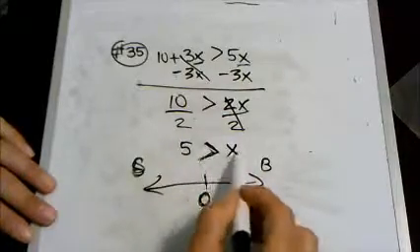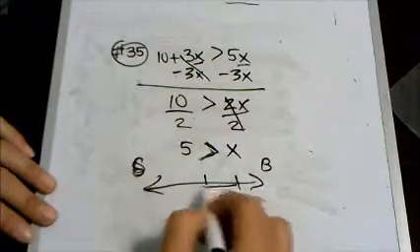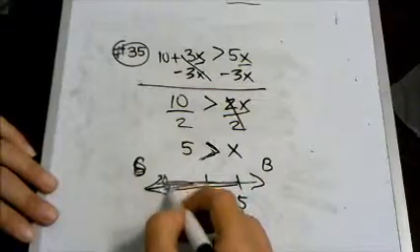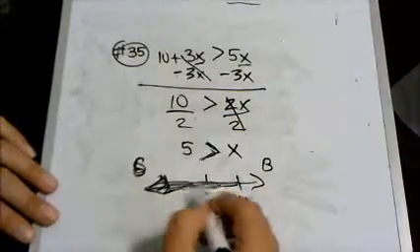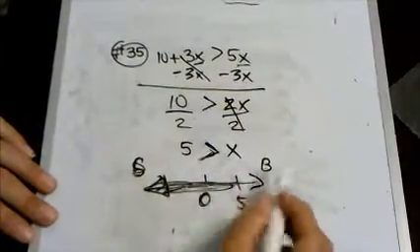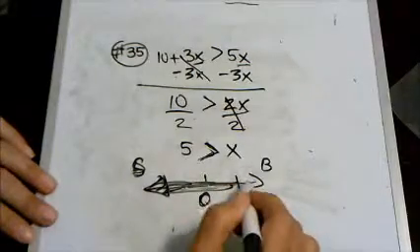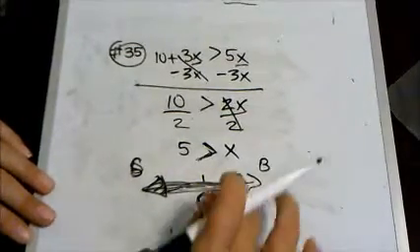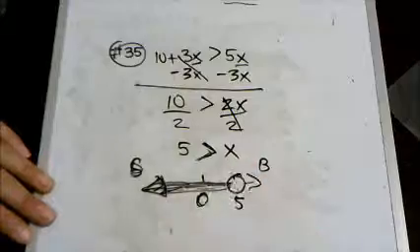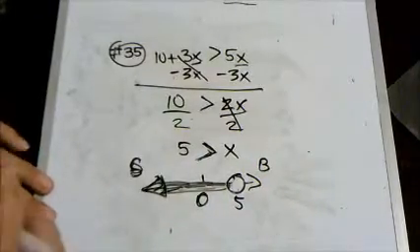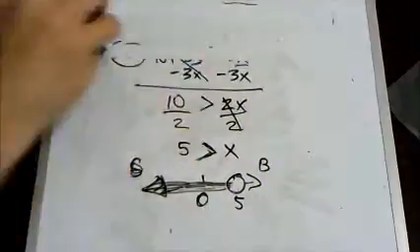Since this is pointing to the smaller number, we have to go this way, because x has to be smaller. This is our x. All the shaded area is our x. And you notice there's no line under it, so we just do an open circle right there. Now let's do 37.